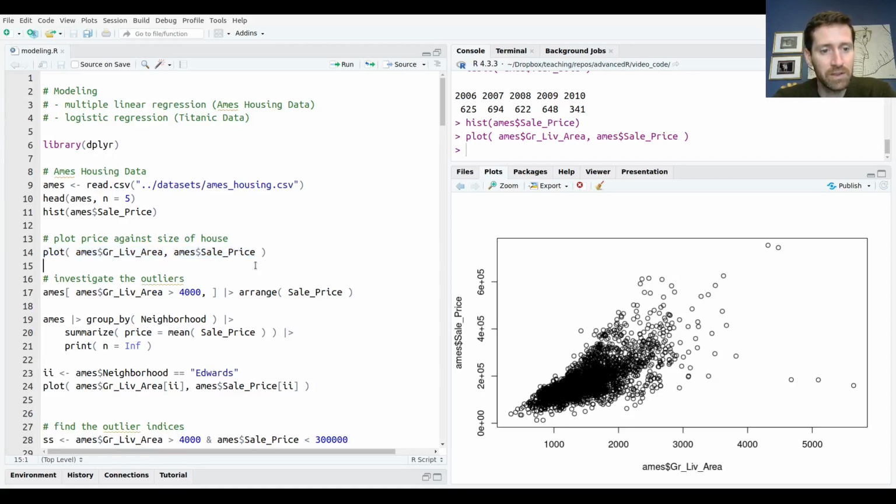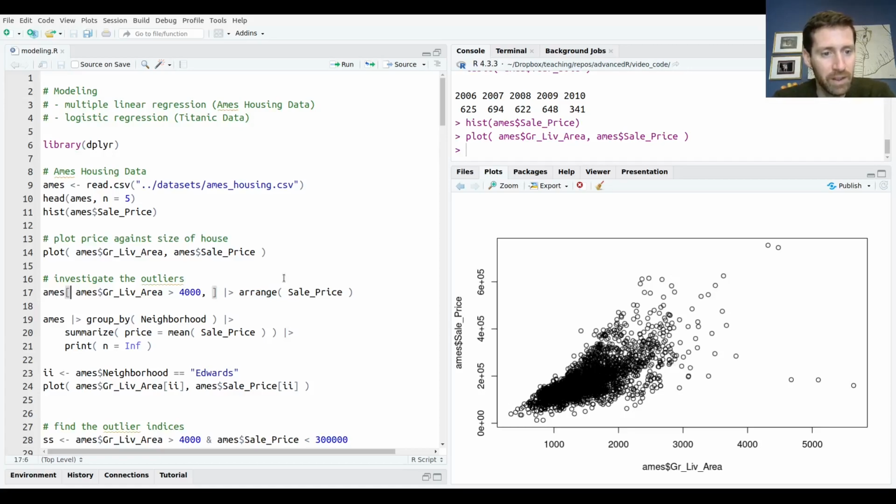So to investigate these outliers, I'm going to take all the data that are bigger than 4,000 square feet and just look at them. That's what I'm doing here. I'm using a pipe, and I'm using dplyr arrange to arrange by sale price. And I'm subsetting here.